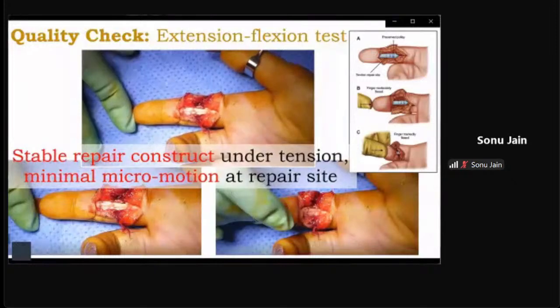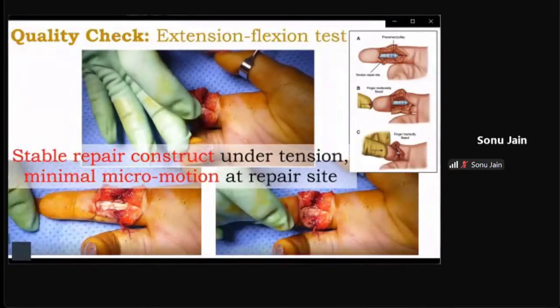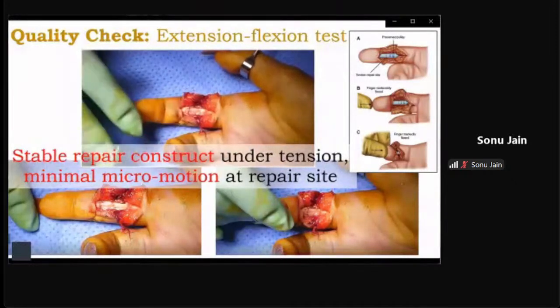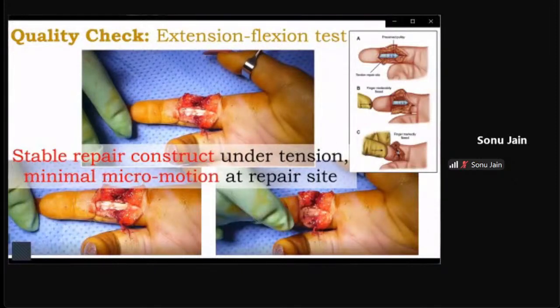After the 6-strand repair with separate stitches of peripheral suture, you test the quality of the repair with the extension-flexion test. As you can see here, with the digit extending first, then flexing, there's no micromotion at the repair site.